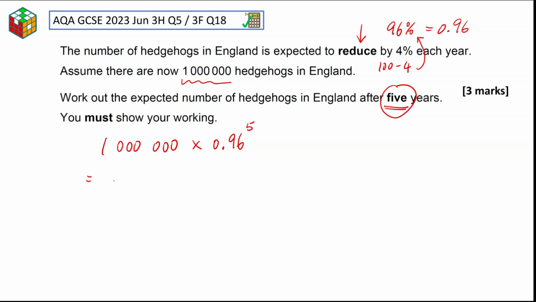It will give me 815,372.6976. Well, hedgehogs are not decimals, so I'd better round it. 815,373. You can check the mark scheme. I remember the mark schemes accept round, truncate, or rounding.